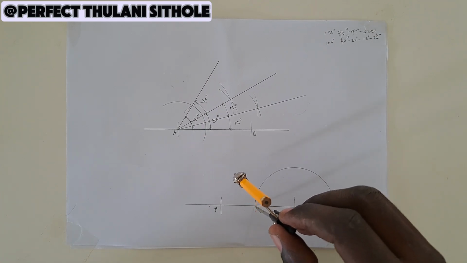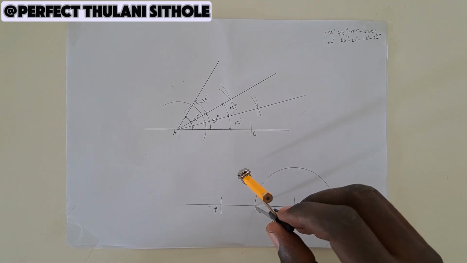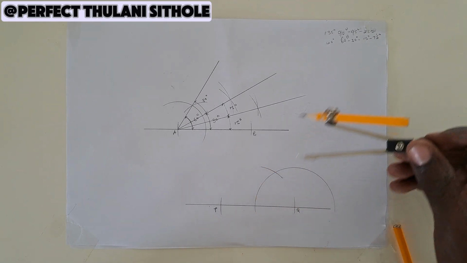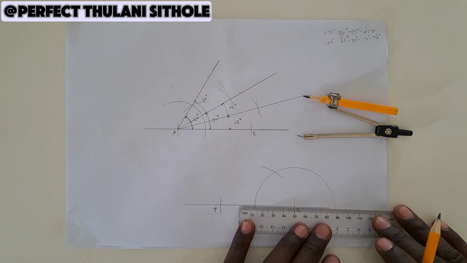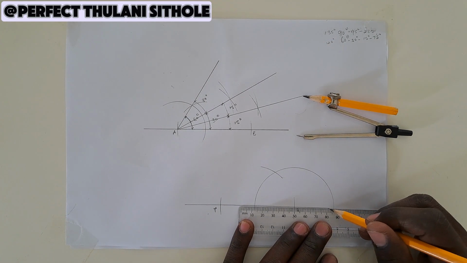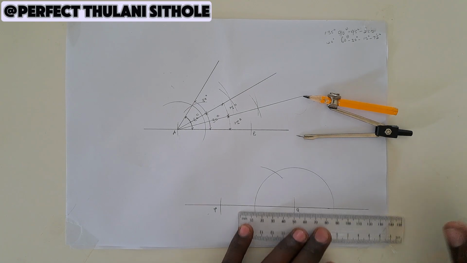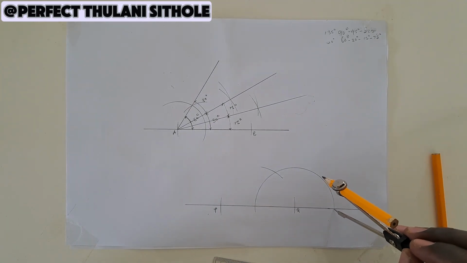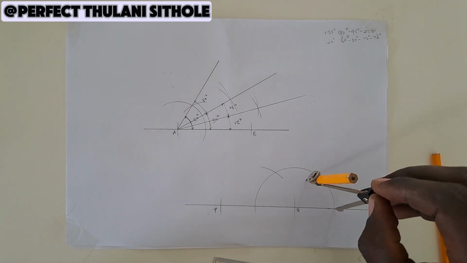You have to put it where the arc is cutting the horizontal line, and you draw your arc like this, and you shift the position. Let me extend this line, and you go on the other side, you draw an arc.